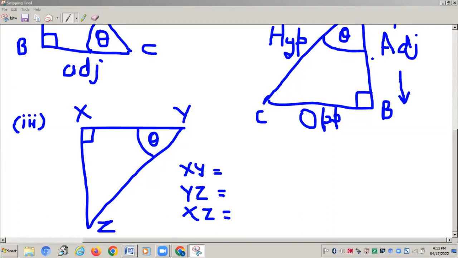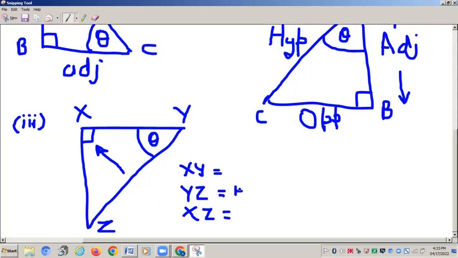Doesn't matter. Okay, so yes, all of you are correct. So clearly, the side that is opposite the right angle is the hypotenuse, which is YZ.